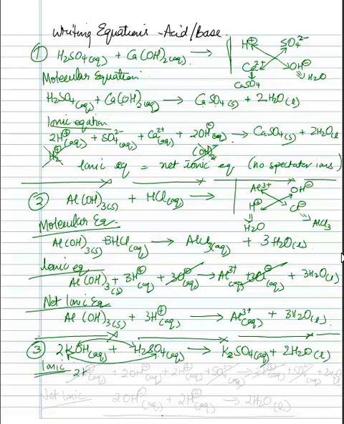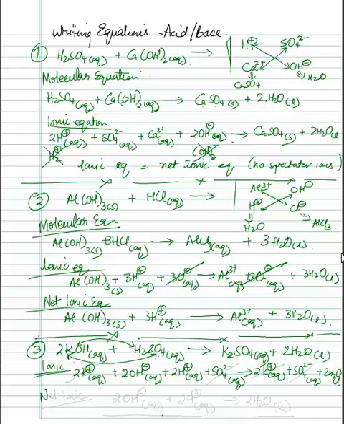It's going to be 2K plus aqueous plus 2 hydroxide aqueous plus 2 H plus aqueous and the sulfate ion aqueous to give 2 potassium ions, also aqueous, and sulfate 2 minus, also aqueous, and then 2 H2O, which is a liquid.